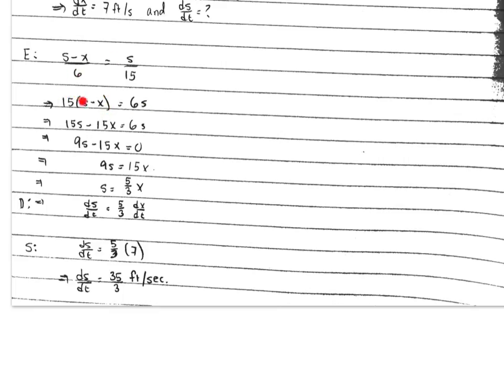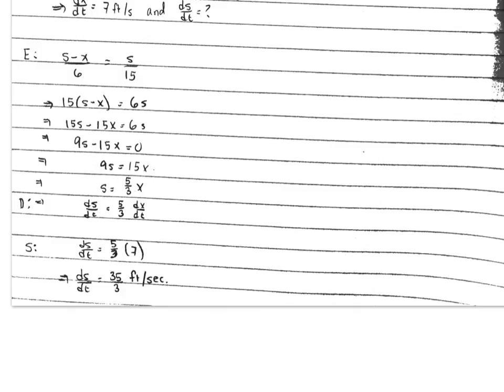I distribute the 15, so I get 15s minus 15x equals 6s. I subtract the 6s, so 15 minus 6 is 9. I add the 15x to both sides, so I get 9s equals 15x. I solve for s. 15 divided by 9 is 5/3.